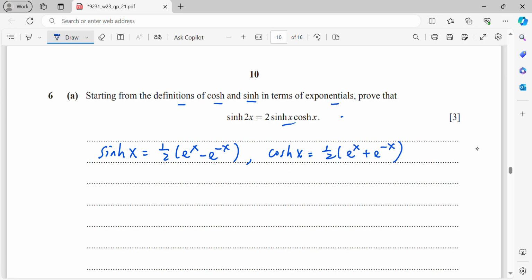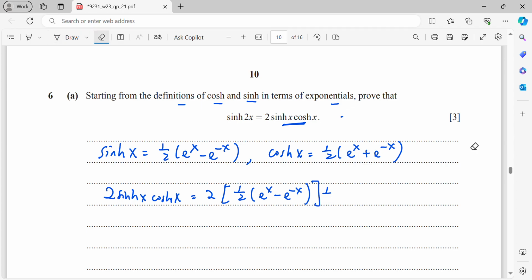So I will start from the right side. So 2 sin x cos x, it will be 2 of the sin x, which is half (e^x - e^(-x)), times with another half. Probably I close bracket here first.